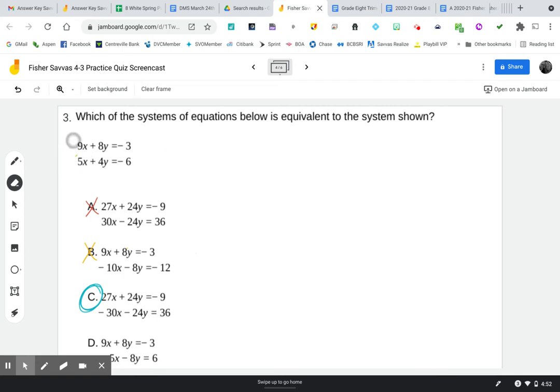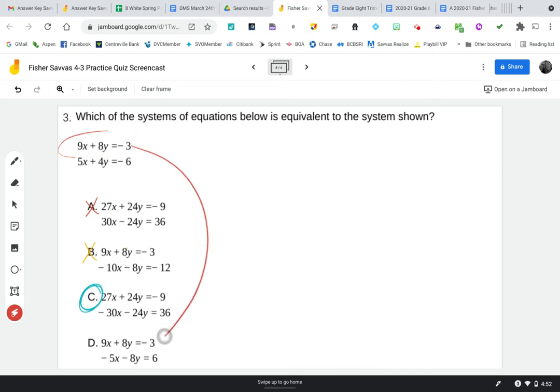So with D, my first equation in D is 9x plus 8y is equal to negative 3. So that's the same first equation here. So that means that first equation was just multiplied by 1.